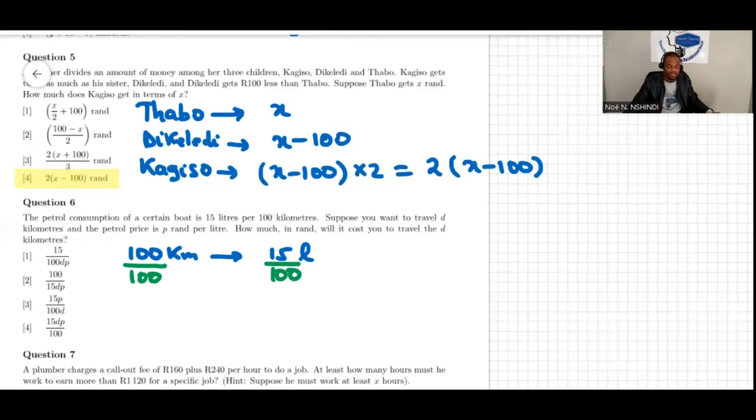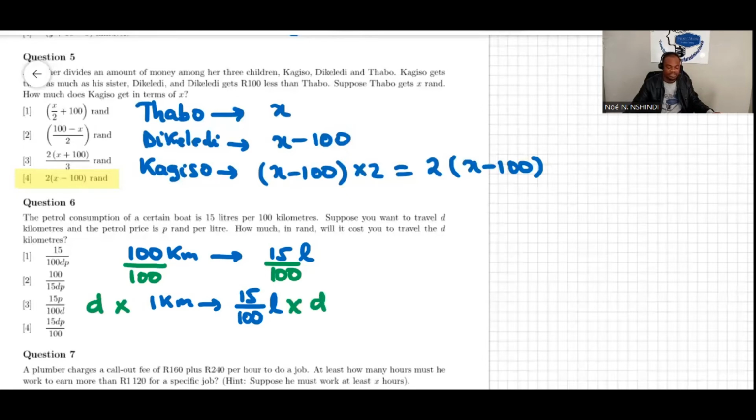Now this will make what? 1 kilometer will spend 15 over 100 liters of petrol. Then to work out how much d kilometers will be, I times here by d, and I times there also by d.